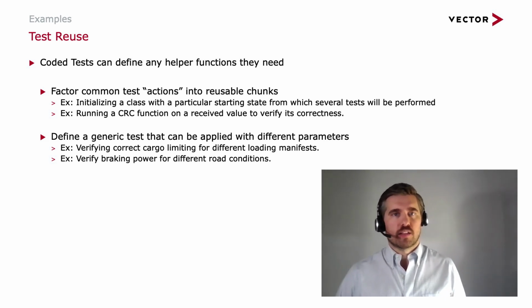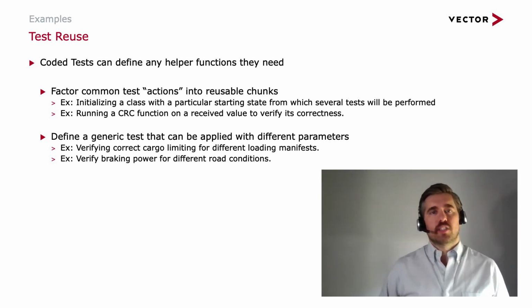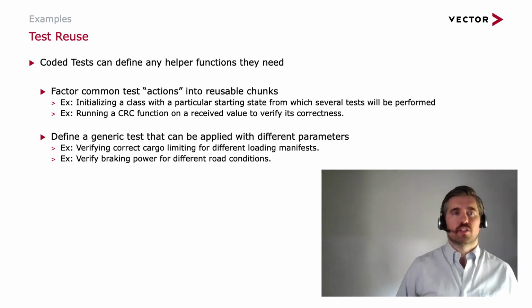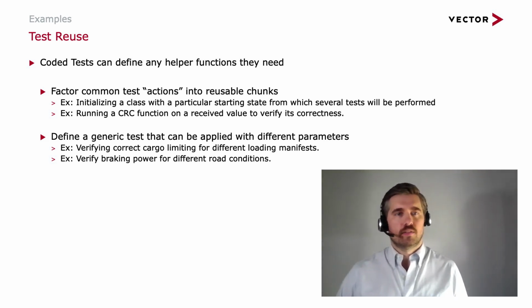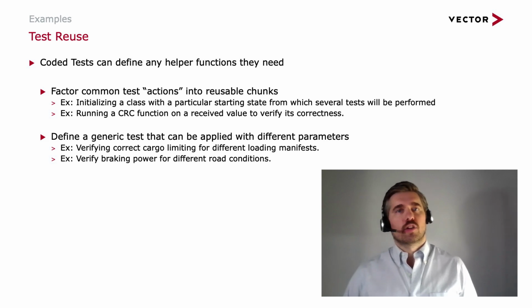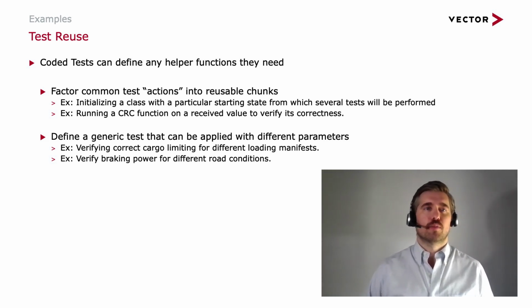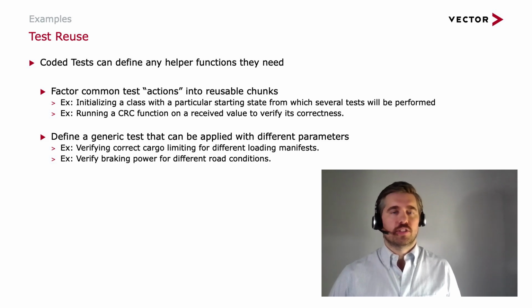Some examples of that are object setup or reset function calls. If you need to initialize an object state, like potentially you need to create and populate a database object, that could be put into one function call that all of your tests could use.